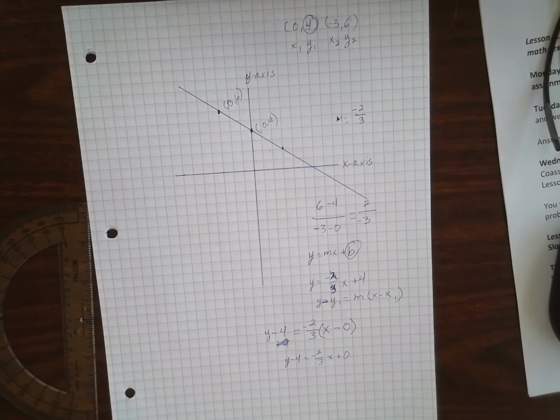Well, now I'm still left with this negative 4, so let me get rid of this. Plus 4, plus 4. y equals negative 2 over 3x plus 4. Well, that's what I said above, right? So I've solved this algebraically and graphically.